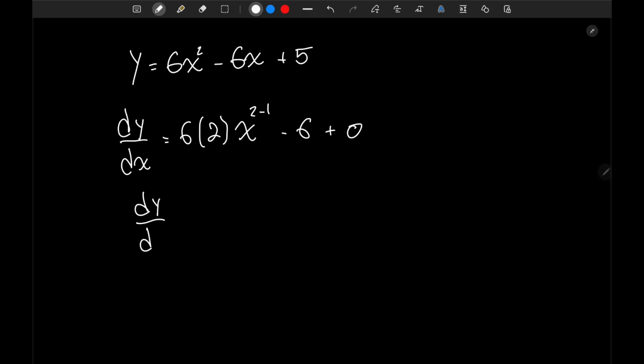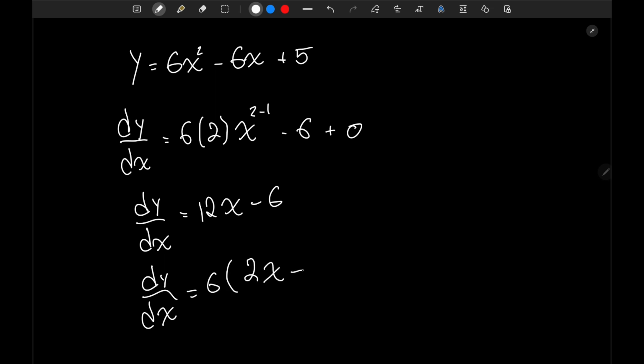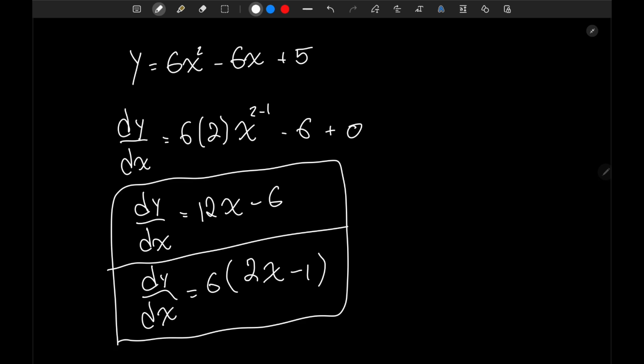Simplifying this up, we have 12x minus 6. And if we really wanted to simplify this further, dy over dx, we could factor out a 6. We have 2x minus 1. Either of these should be good.